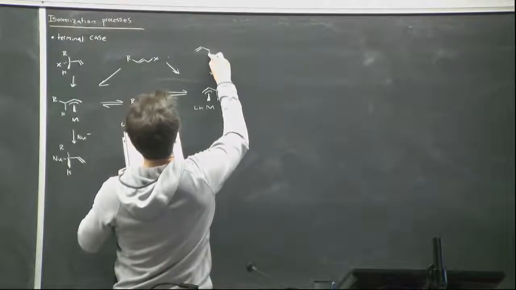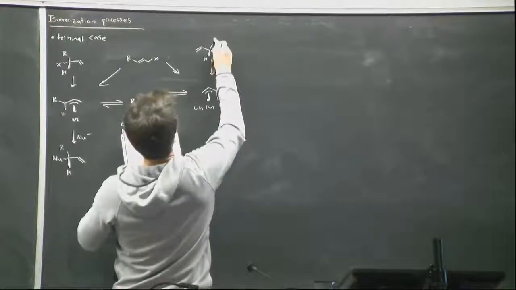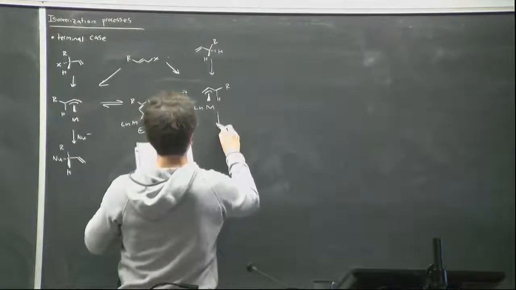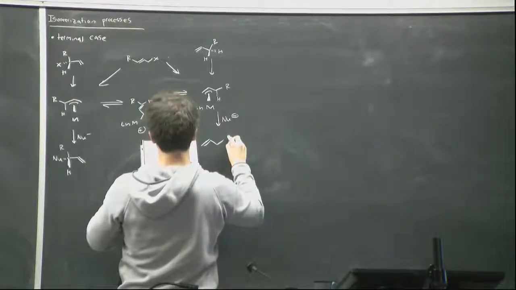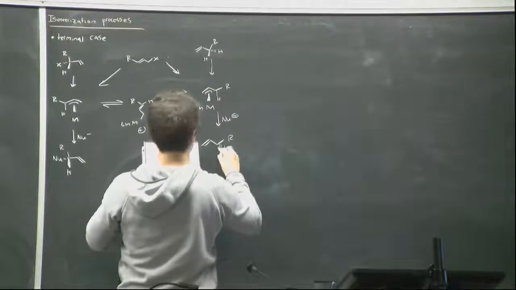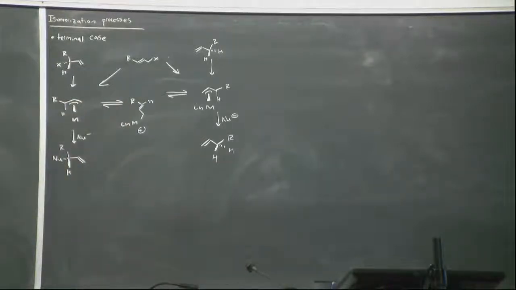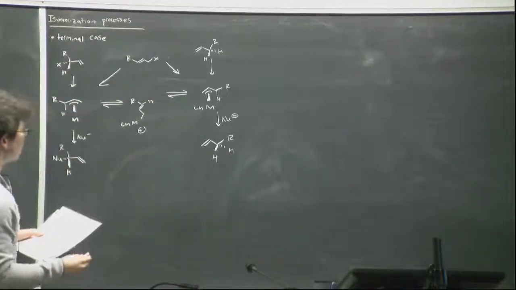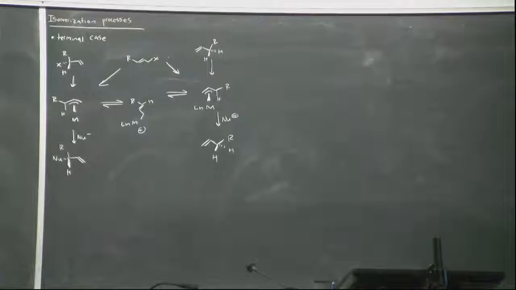With terminal allyl fragments, that provides a means of obtaining either of the two potential mirror images of the pi-allyl from a single enantiopure allylic leaving group species.